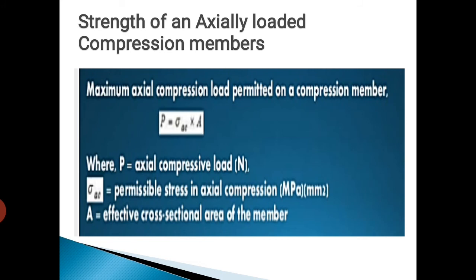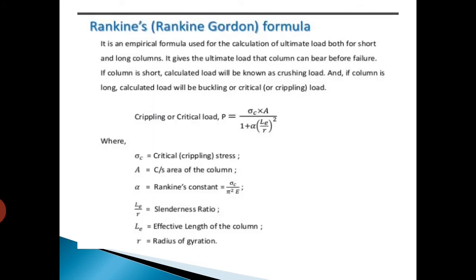Sigma AC means permissible stress in axial compression, where AC means axial compression, expressed in megapascal, N per mm square. Capital A is the effective cross-sectional area of the member.